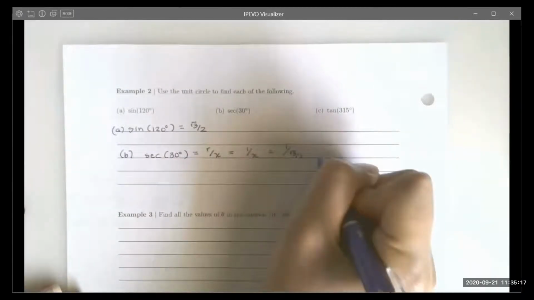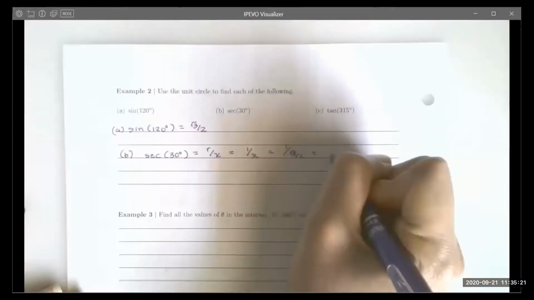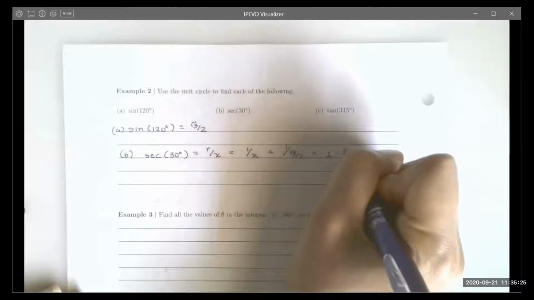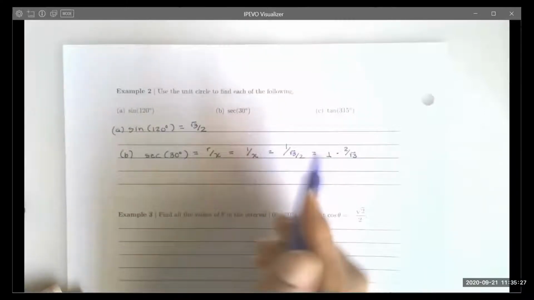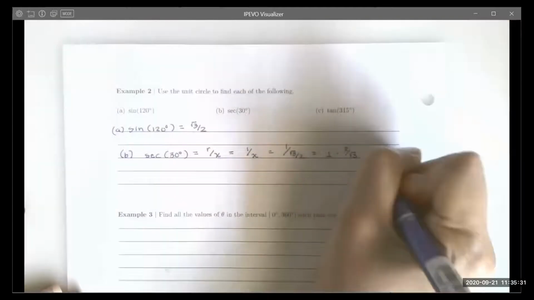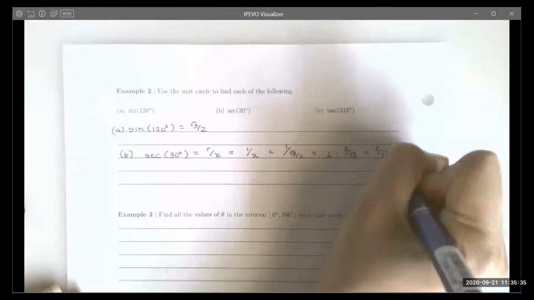It's just working a little bit longer, but we can do it that way since we've already gone down this route. So we're going to have 1 times 2 over radical 3, because dividing by a fraction is the same thing as multiplying by the reciprocal. And then this becomes 2 over radical 3.